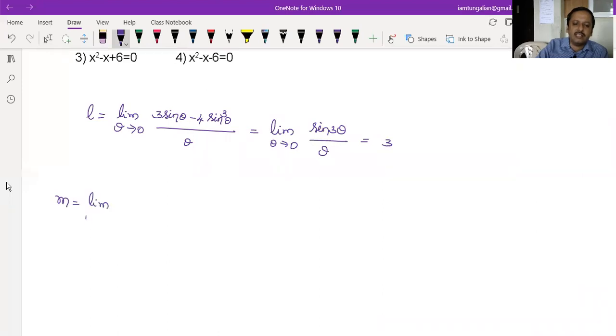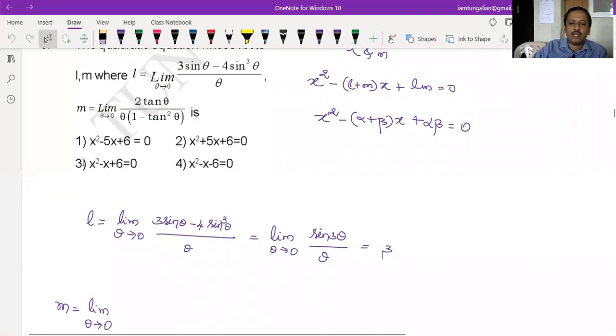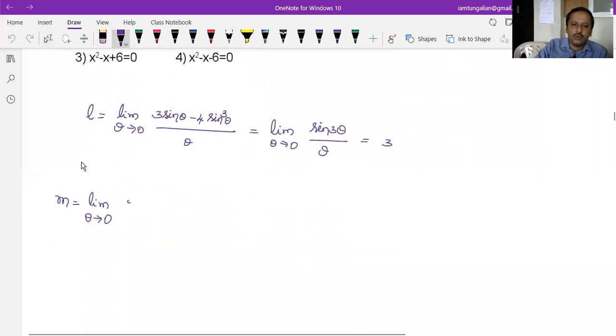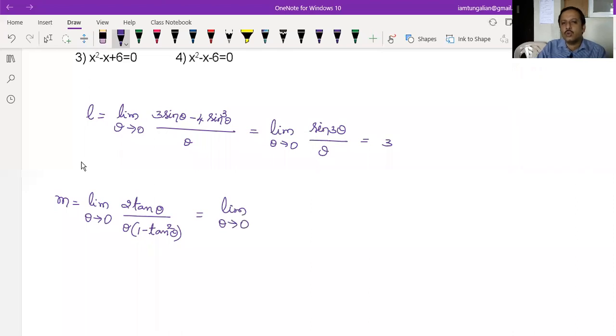M is equal to limit theta tends to 0. What they have given here? Limit theta tends to 0, 2 tan theta divided by theta into (1 minus tan square theta). So let's evaluate this limit first. 2 tan theta divided by 1 minus tan square theta is tan 2 theta, so divided by theta.